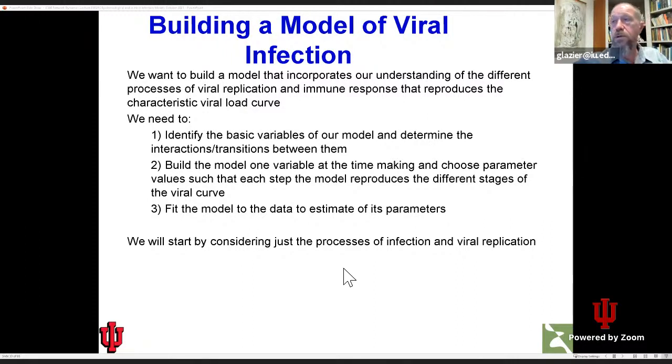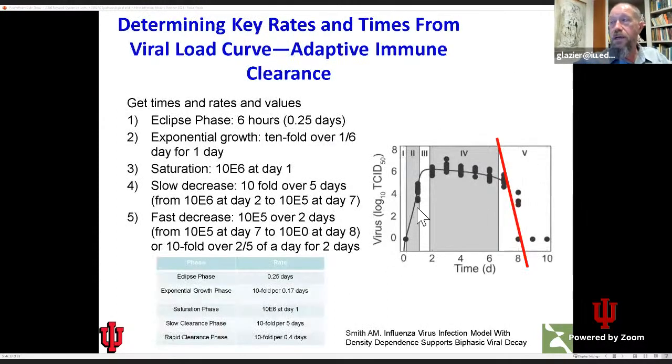And we're going to try to fit successively the lag phase, the exponential growth phase, the saturation, the slow decay, and then finally the fast decay. What we're going to find out is that the lag phase is easy, the exponential growth is easy, the saturation is easy, the slow decay is easy.